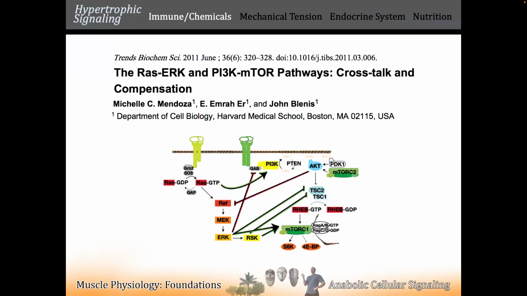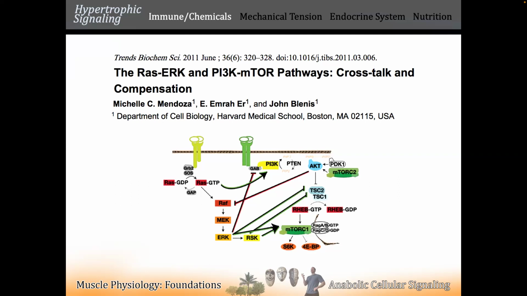And here's another diagram showing the interactions between MAPK and the PI3K, PKB, mTOR cascade. You don't need to know the detail of MAPK, but to be a completionist, RAS is a GTPase, RAF is a kinase that activates MEK, mitogen activated kinase, and then MEK activates ERK and or MAPK, and then it goes all over the place, right, including RSK.